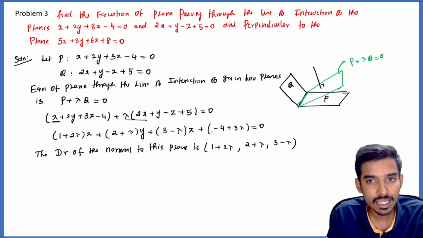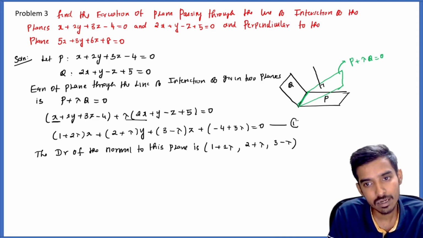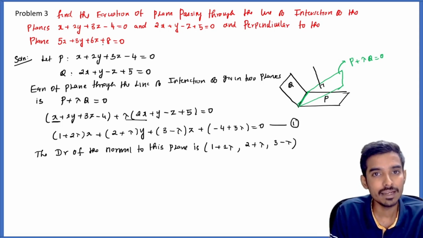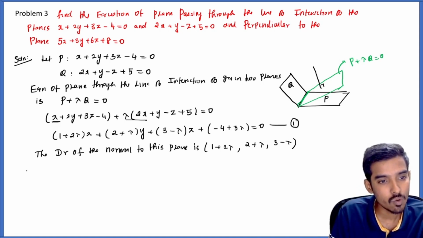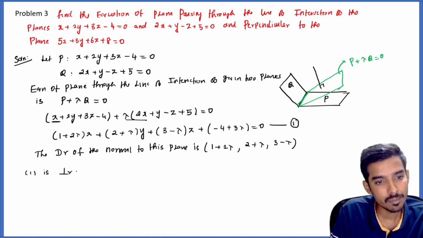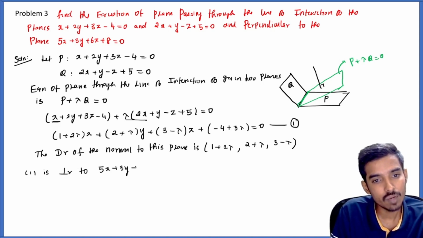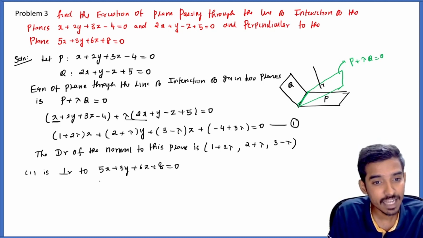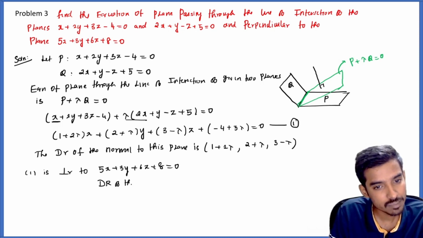Now this plane, let's call it 1, is perpendicular to 5x plus 3y plus 6z plus 8 is equal to 0. What is the direction ratio of the normal for this plane?